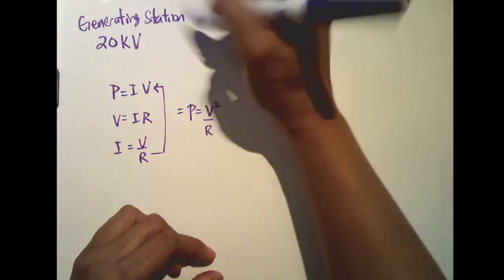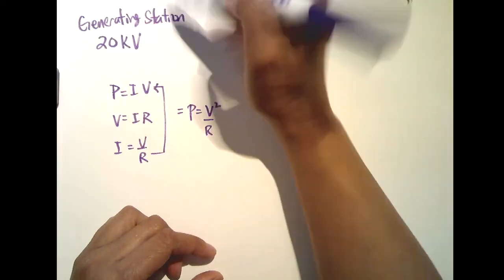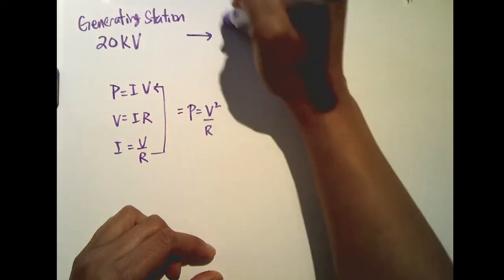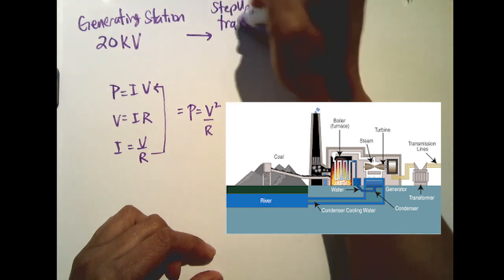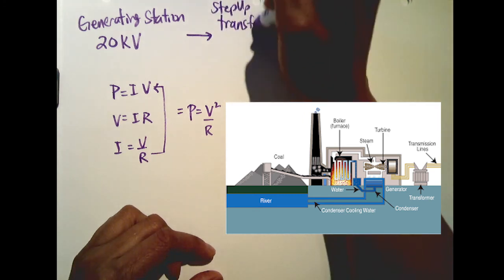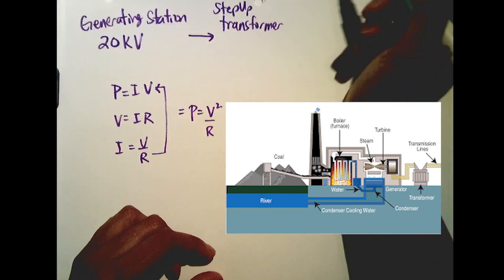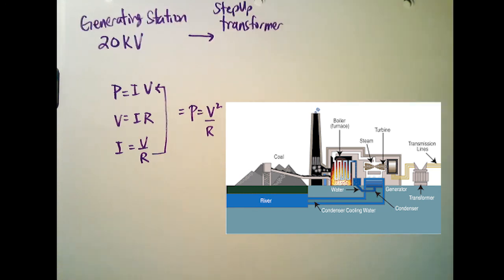So essentially, after the power is made in a generating station, it goes through a transformer. It is a step up transformer. Okay, and you'll see that right by nuclear generating stations, especially nuclear ones and coal plants.